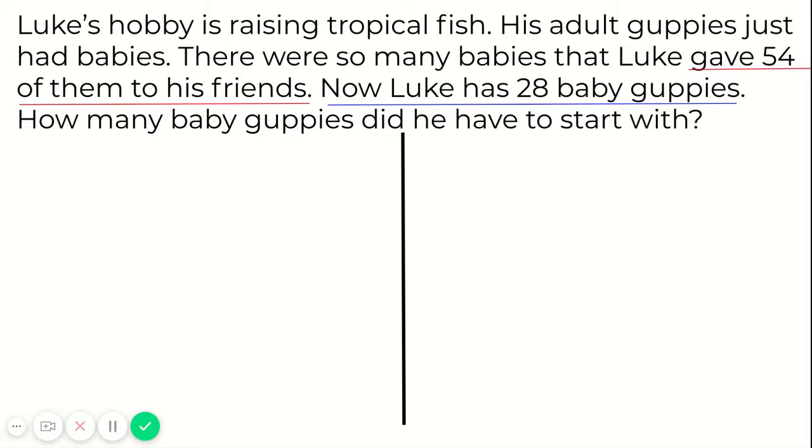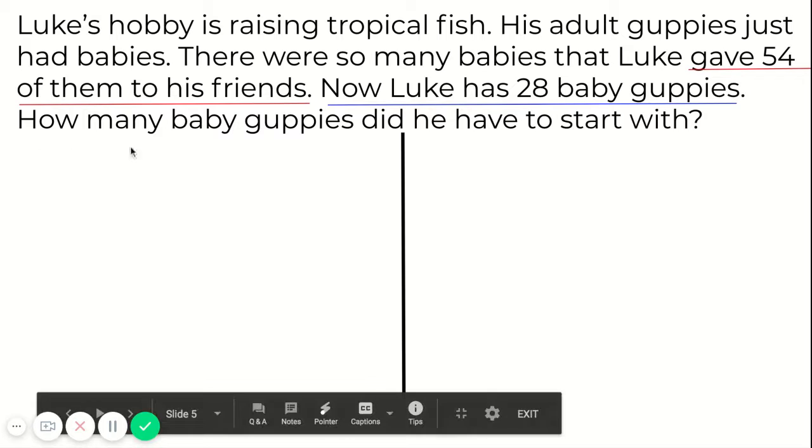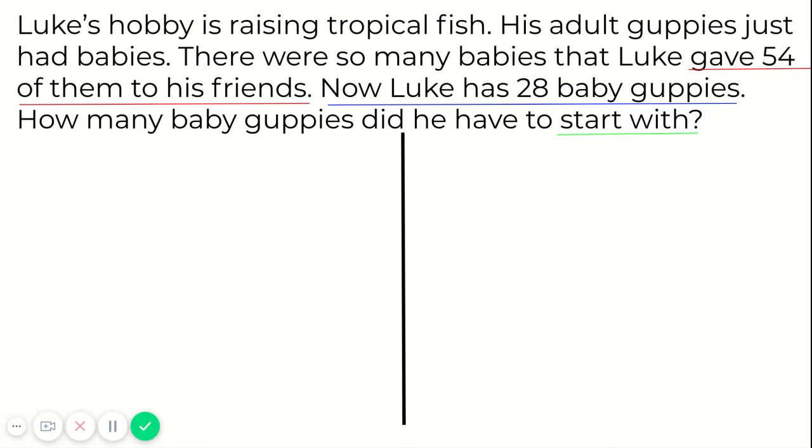To figure out the thing we don't know, or the unknown, we're going to take a look at the question. Remember, you can find the question by looking for the question mark and that first question word, which in this case is how. So here we're thinking about, how many baby guppies did he start out with?